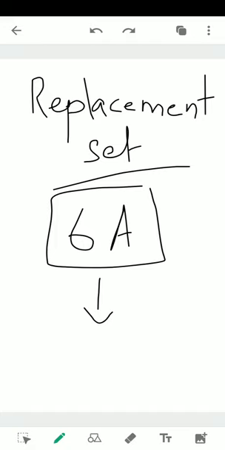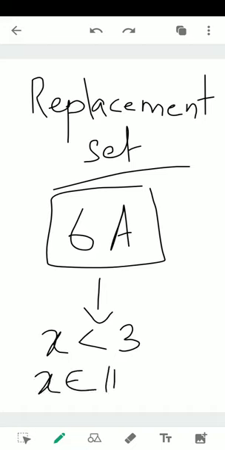Let me give you a mathematical example after that real life situation. Something like if I have x is less than 3, and the question is saying this x has to come from natural numbers, then this set of natural numbers is nothing but the replacement set. So I'll read out the formal definition of replacement set.